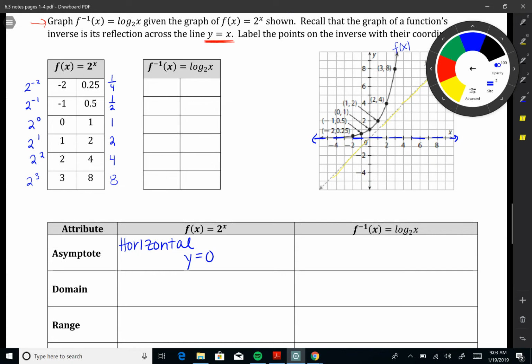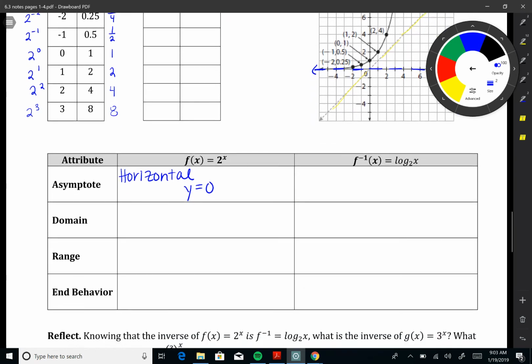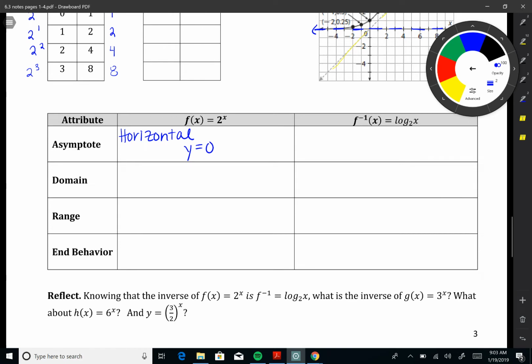Because of the arrows on both ends of our curve, we know we can put any x value we want into the function. So the domain was all real x values, which we wrote using an inequality: negative infinity is less than x, which is less than positive infinity.